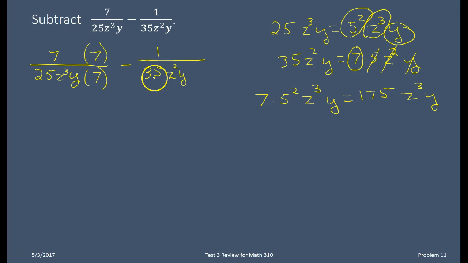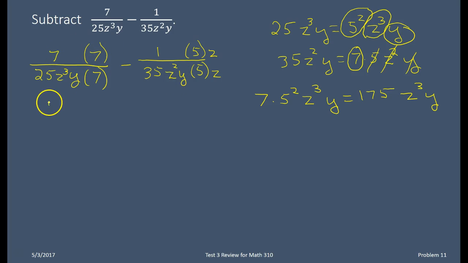So to get 35, you have to take 175 and divide it by 35 to see what you need to multiply by, which is going to be 5. So we're going to multiply by 5 over 5. And then we need to also multiply by a z over z in order to make that z squared into z cubed. And we already have the y, so we don't need to do that.